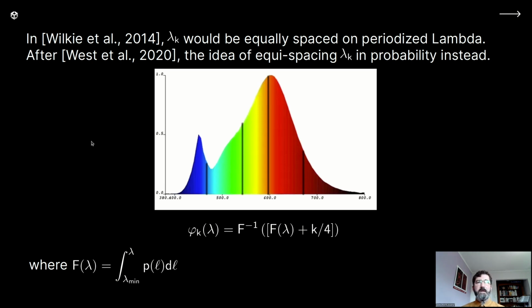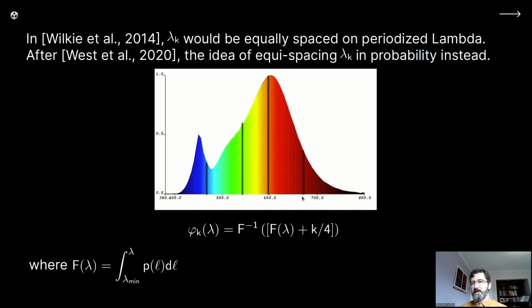So if L were the length of the wavelength domain, which is about 340 nanometers, then lambda 1 will be lambda 0, the Hero wavelength, plus L over 4. Lambda 2 will be lambda 0 plus 2 L over 4, and so on. So that is uniform spreading in wavelengths.